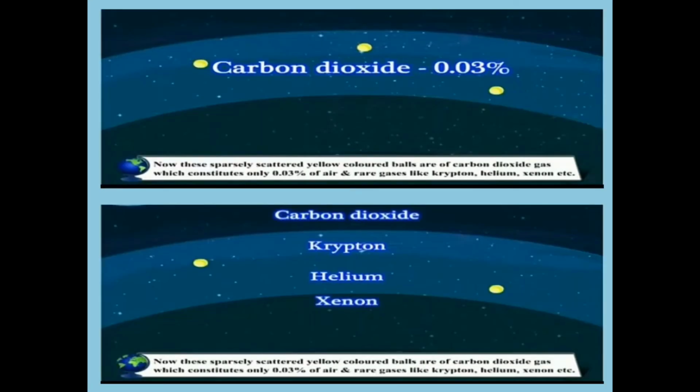Students, now in this slide you can see some yellow balls which are sparsely scattered. They represent carbon dioxide gas, which constitutes only 0.03% of the air. And do you know that rare inert gases like krypton, helium, xenon, etc. are also present in the atmosphere?